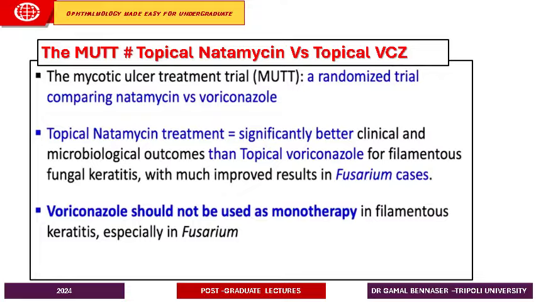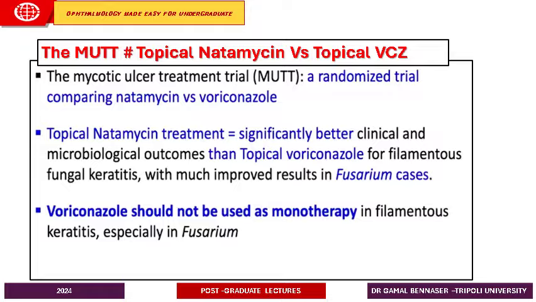The result was that voriconazole should not be used as a monotherapy in filamentous keratitis, especially due to fusarium, because voriconazole has a good effect against aspergillus as well as candida. Topical natamycin treatment was significantly better and gave better microbiological outcomes as compared to voriconazole for filamentous fungus, and much improved the results, especially in fusarium.